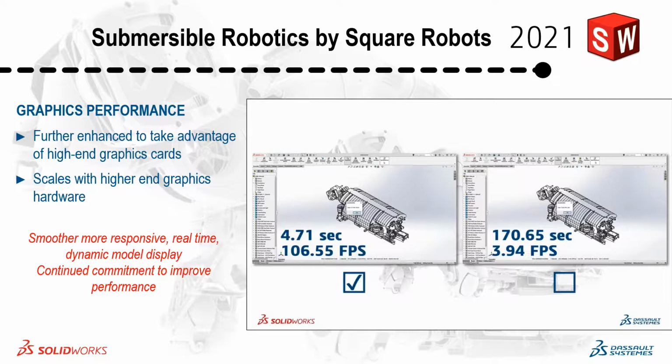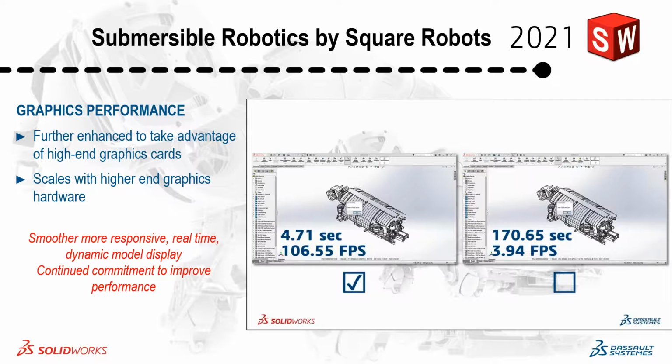So as you can see, comparing with and without, the disabled one means with normal view and with only silhouette edges, the difference is not big. The average for the first action is only 3 frames per second, and this one is only 3.94 frames per second.